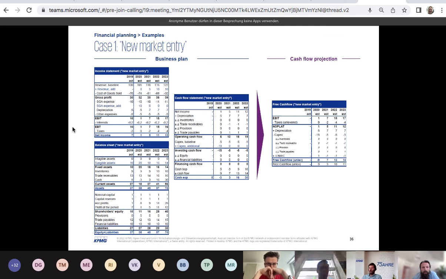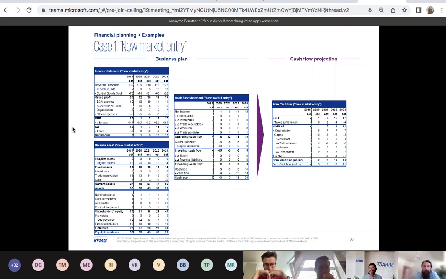On the balance sheet, we have the same situation. We have to think about what will change in our balance sheet when entering the new market. And here, for example, we assumed, and it's highlighted in blue, and you can see it in the balance sheet as well as in the cash flow statement, that it will be necessary to have a new office or production facility, whatever, in the new country or in the new market, right?